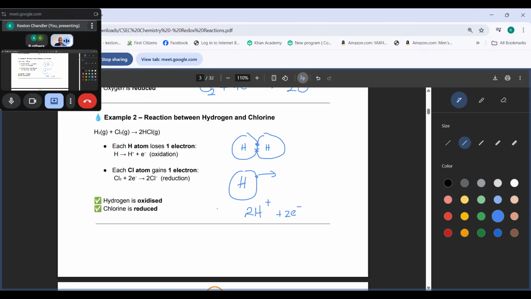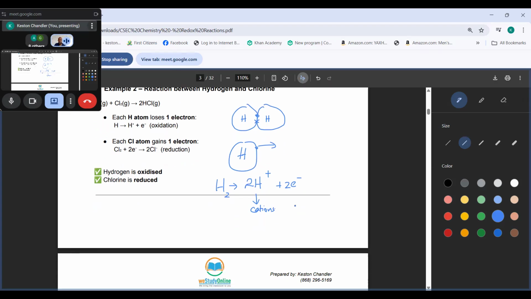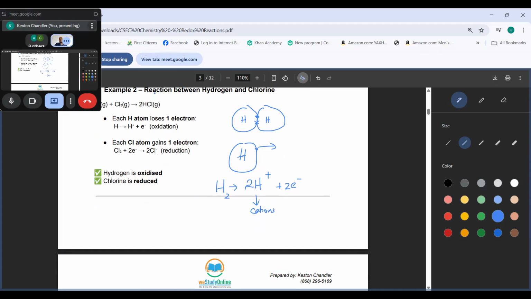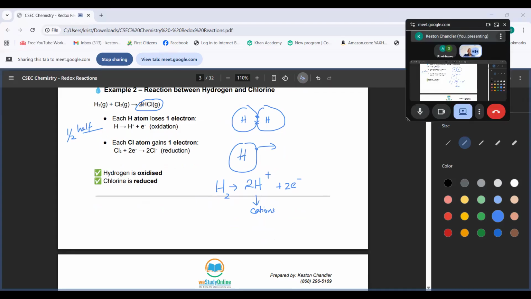And we're going to have the H2 splitting up to give us 2 H plus ions. These are cations here, positively charged, with its 2 electrons, right? This is how it's going to combine with chlorine in order to make HCl. So these here are what we call half equations. We're looking at the pieces that are putting together the HCl.